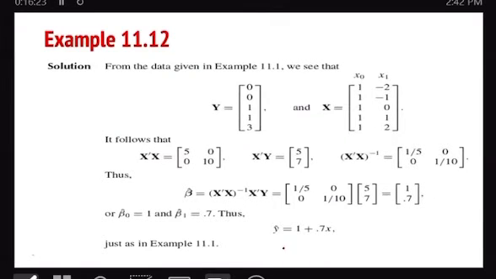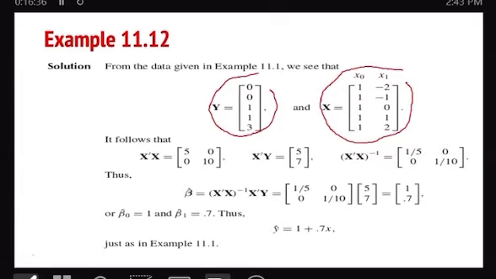Okay, let's assume that you're given y to be this. How many observations do you have? 5, right? And you only have one explanatory variable, x1. X0 is a constant. So what you're saying there is you only have one explanatory variable.